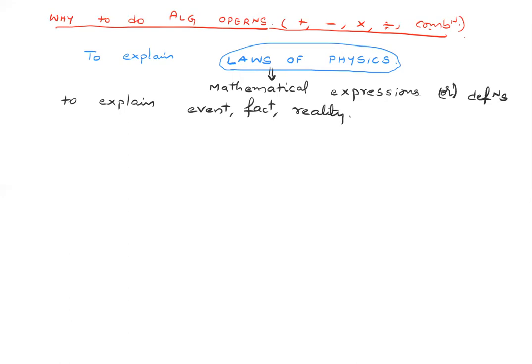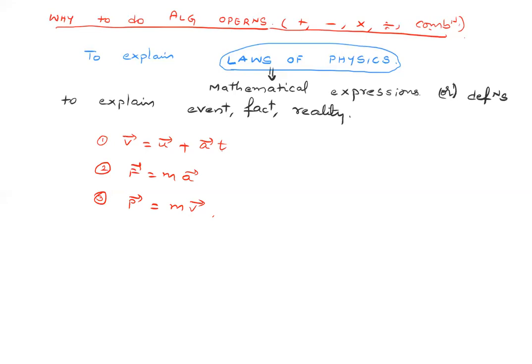If you are giving the formula v bar equal to u bar plus a bar into t, this is a law of physics. If you are giving force F equal to m into a bar, this is also a law of physics. Momentum p equal to m v bar is also a law of physics. To explain something, we develop laws of physics.